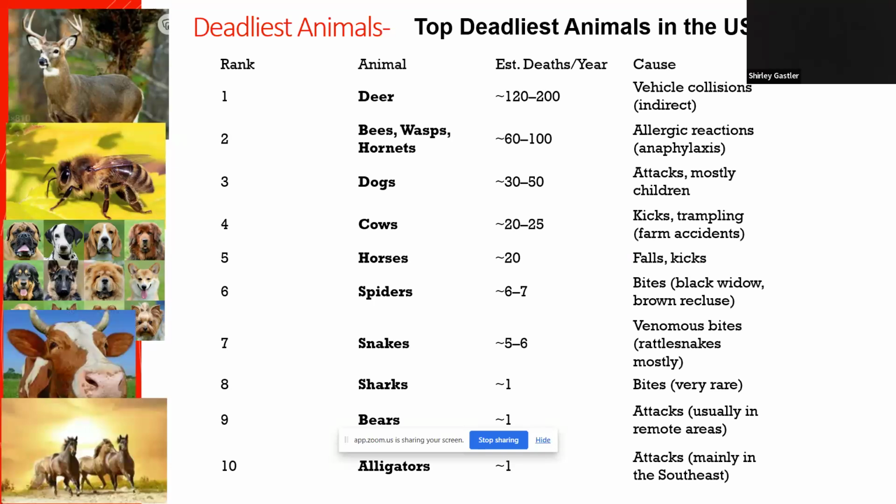Usually about 120 to 220-ish people a year die from car accidents. I know personally people that have been hit, actually a couple motorcycle riders that hit a deer and ended up dying. Of course, bees and wasps, hornets, your smaller bugs, from allergic reactions.